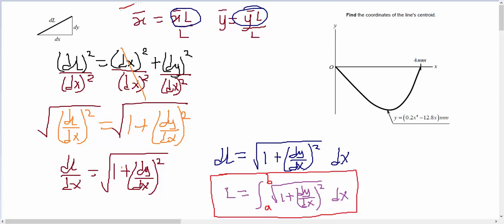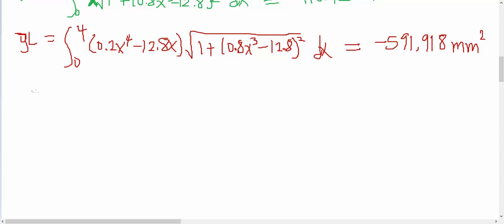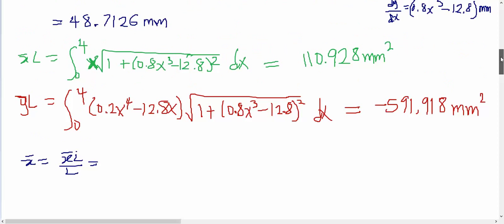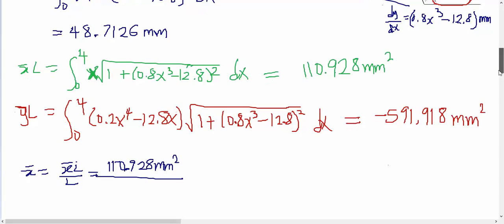Now that we have xL and yL, we can go ahead and use the formula to find the location of the x coordinate and the y coordinate as well. So let's do the x first. For the x, we have xL over L. xL was 110.928 millimeters squared divided by L, which was 48.7126.